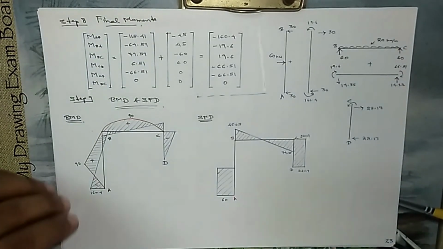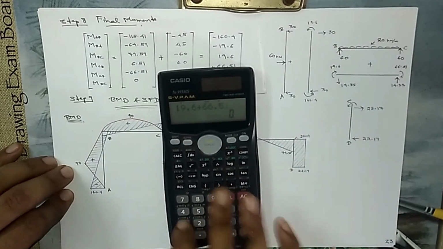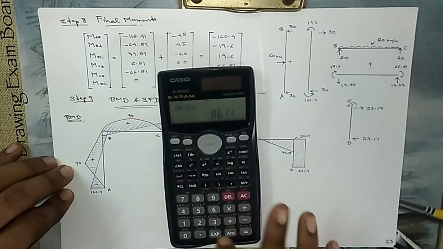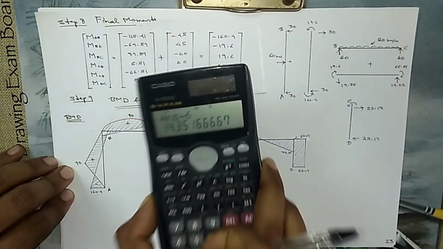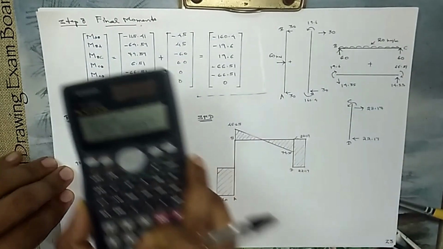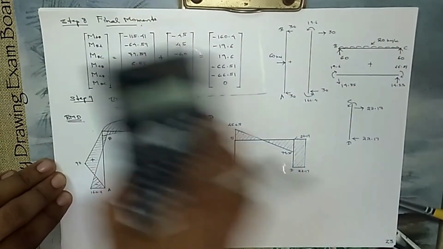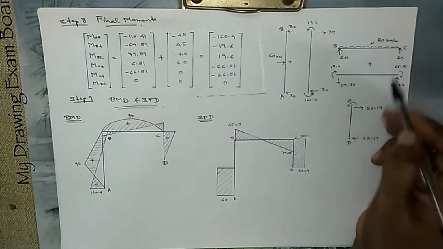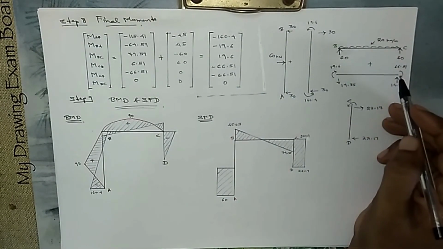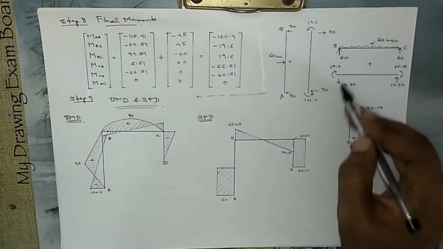I'm adding it, 19.6 plus 66.51 divided by the span, that is 6 meter. So I will get 14.35. So I have written 14.35 here and 14.35 here. The direction of the reaction is opposite to what you got in the moment. So it's a clockwise moment, so I am giving an anti-clockwise couple.